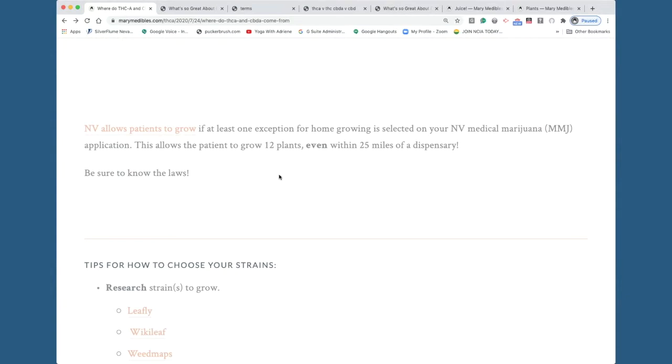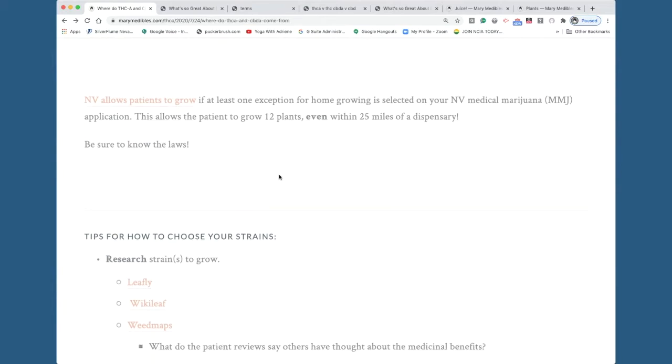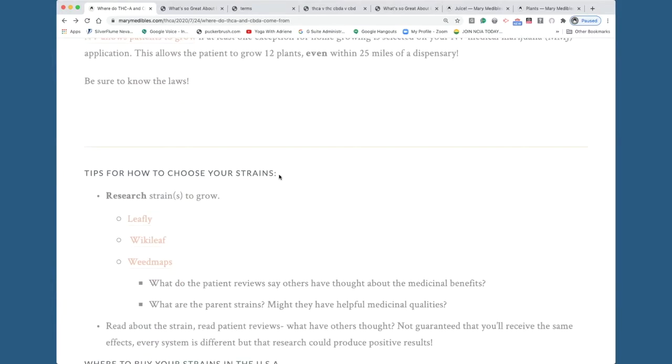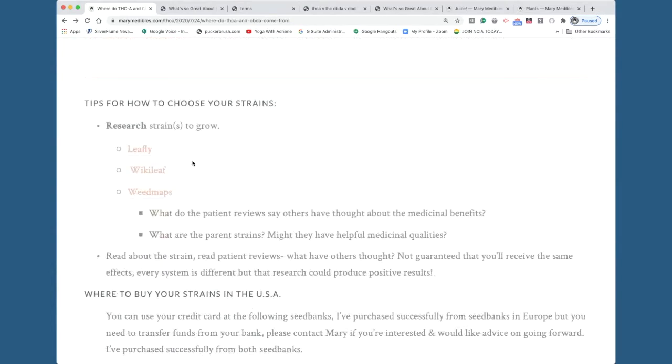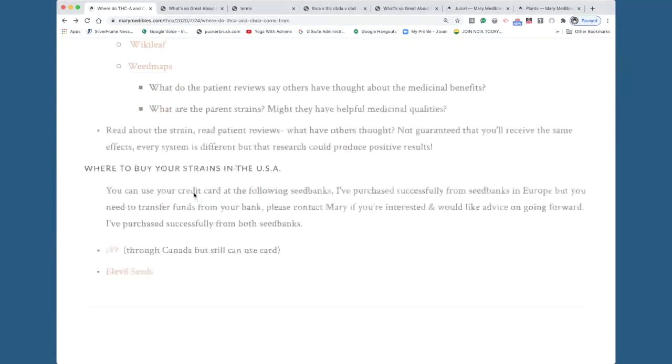You can grow up to 12 plants, even within 25 miles of a dispensary, but you do want to be sure to know the laws. I've included a few links here: Leafly, WikiLeaf, and Weed Maps. You can go here and read patient reviews, see what people thought about things, because that might point you to the strain you want to use.